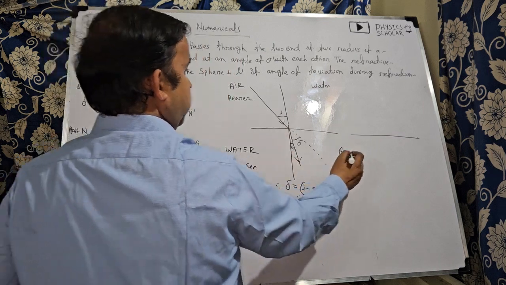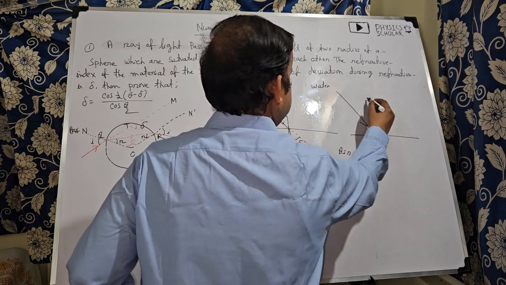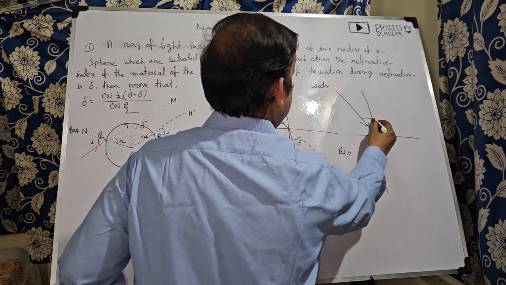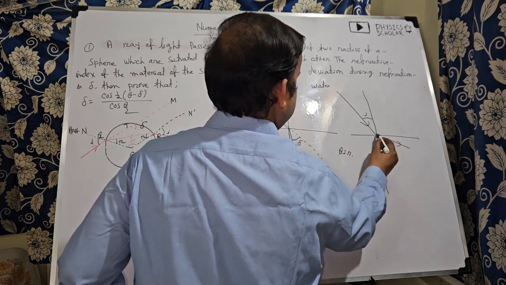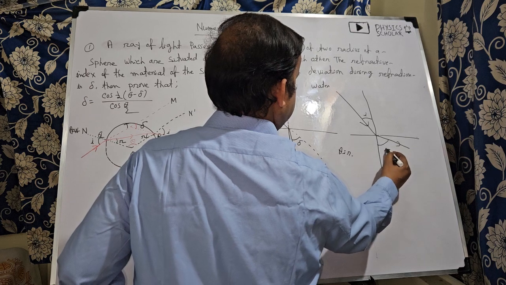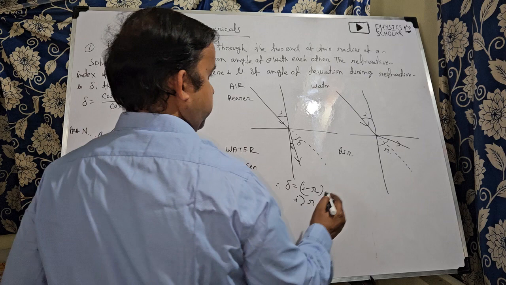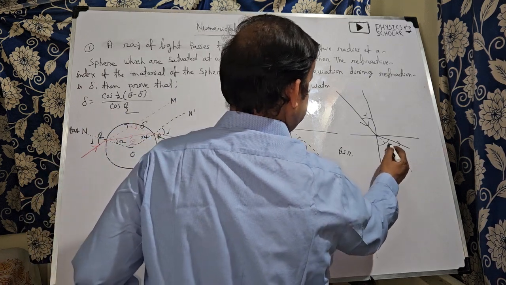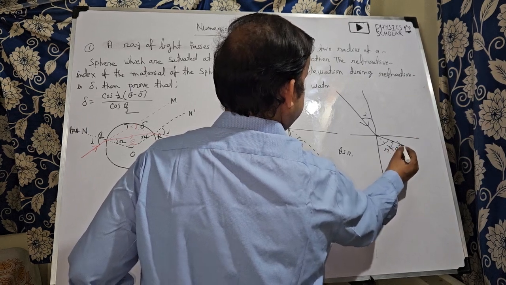Now a ray of light falls on the common surface, the angle of incidence is i, and it will move away from the perpendicular. Suppose the angle is r. This should be the path. Due to this medium, it is deviated by an angle, and this angle is delta.